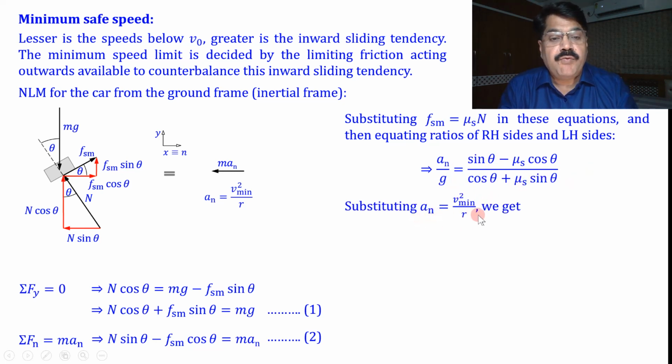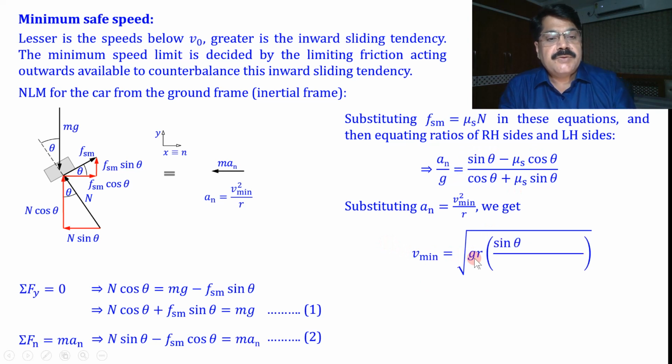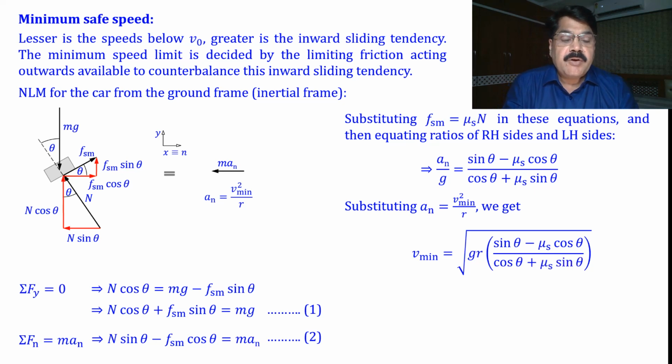Substituting a_n equal to v_min square by R, we bring Rg to that side and take the square root. So v_min is equal to the square root of g R times sin theta minus mu_s cos theta upon cos theta plus mu_s sin theta.